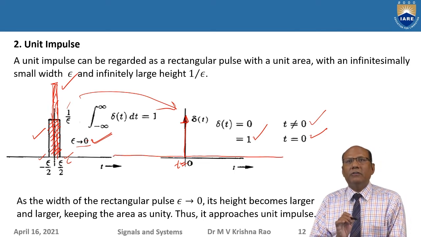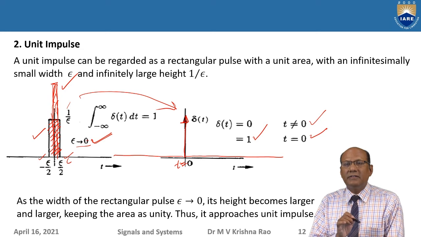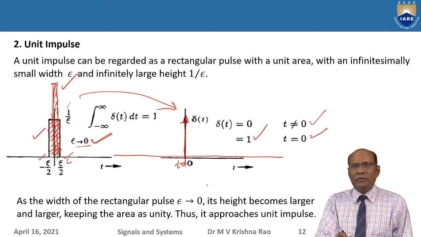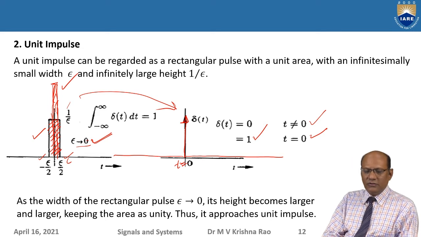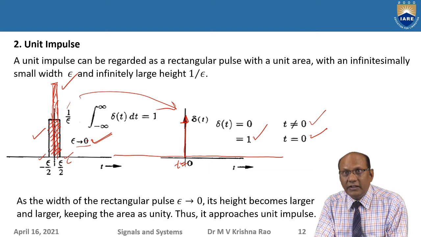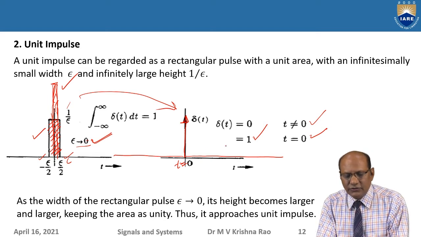So it is only at t equal to 0 that the impulse exists, and because the width is 0, the height is taken such that the area is unity again. So you can call this the unit impulse.